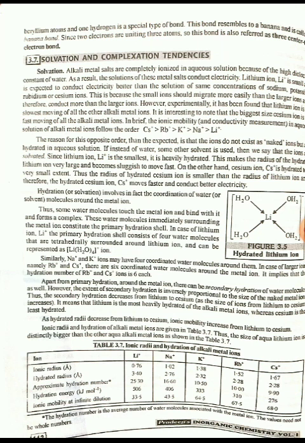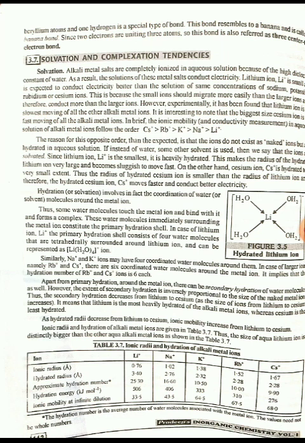Table 3.7, ionic radii and hydration of alkali metal ions. Ionic radius in angstrom: Li+ 0.76, Na+ 1.02, K+ 1.38, Rb+ 1.52, Cs+ 1.67. Hydrated radius in angstrom: Li+ 3.40, Na+ 2.76, K+ 2.32, Rb+ 2.28, Cs+ 2.28.